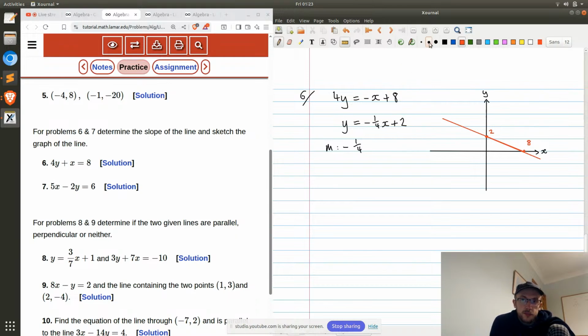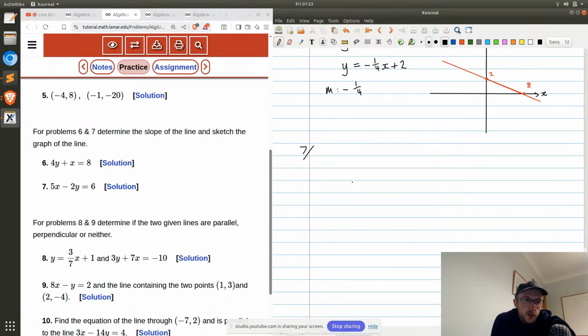Okay, so problem 7 is more or less the same. It says 5x take 2y equals 6. So I rearrange it into slope-intercept form. So I'm going to have 2y is equal to 5x minus 6.